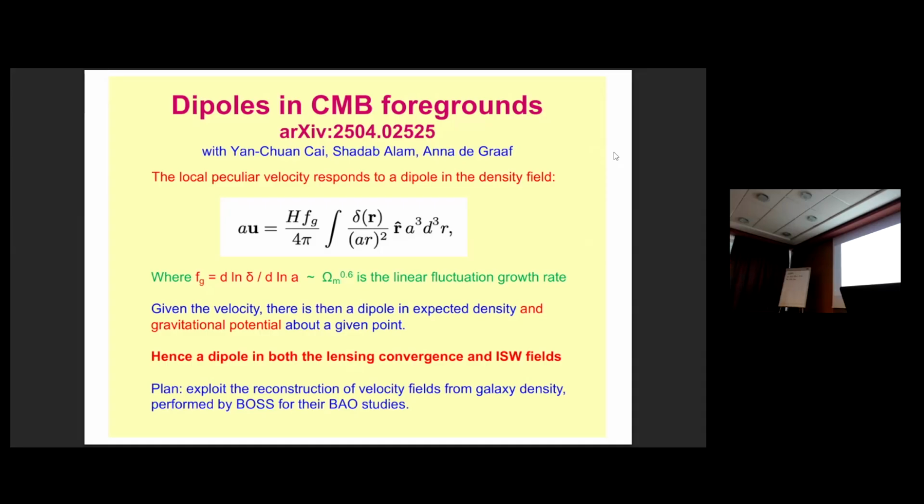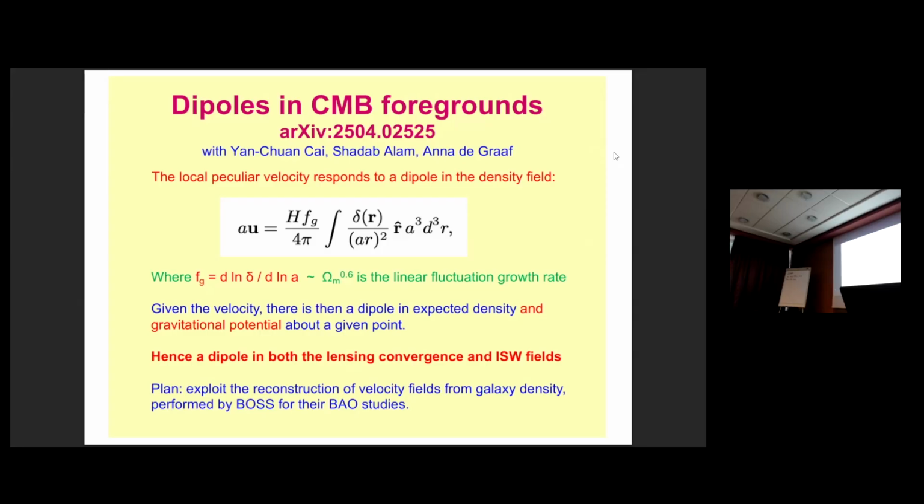And the great thing is that we actually know the velocity at every point in the universe. How do we know that? We know it from a reconstruction from large-scale structure. And this is done routinely now, because any project like DESI or past BOSS that wants to study the BAO signal performs reconstruction, because the BAO peak in the correlation function is smeared out by the fact that galaxies have moved.